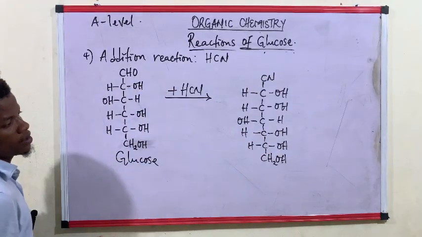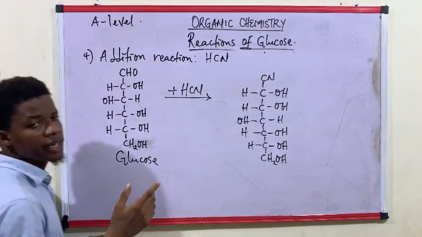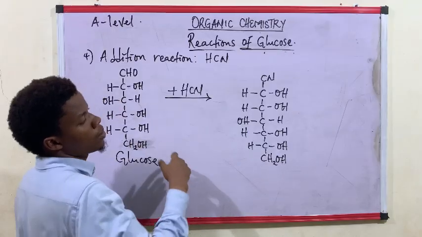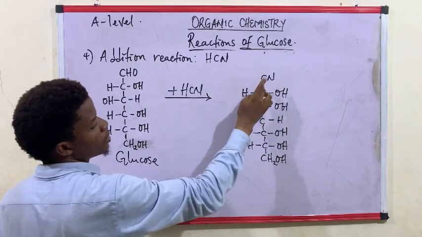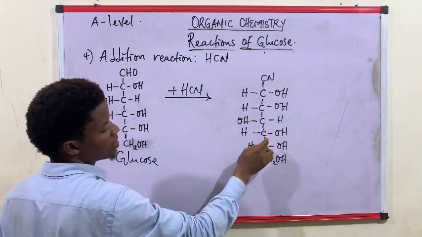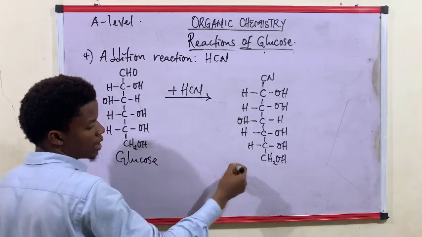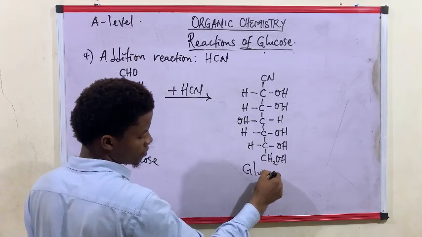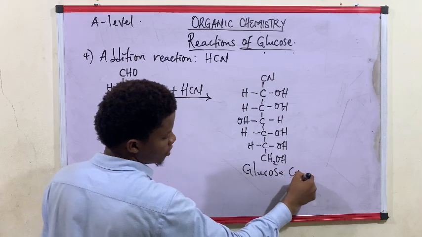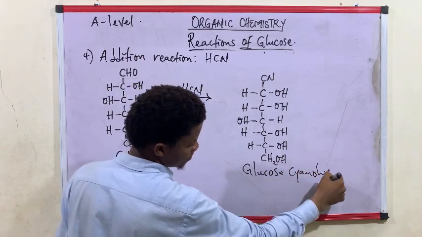So this is what we get. So how many carbon atoms do we now have in total? 1, 2, 3, 4, 5, 6, 7. So that's the thing about this reaction. And this is known as glucose cyanohydrin.